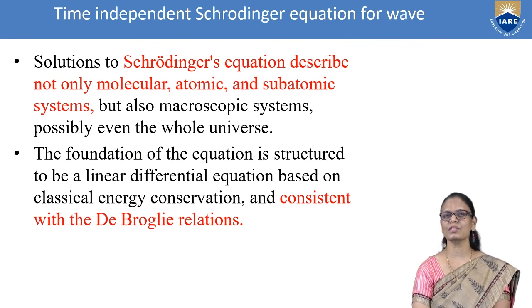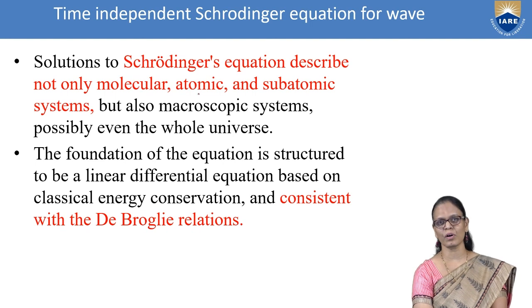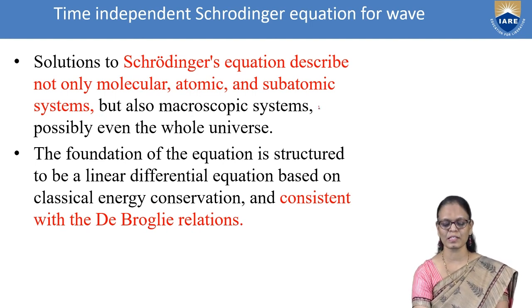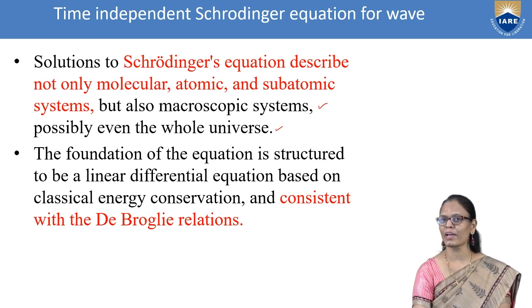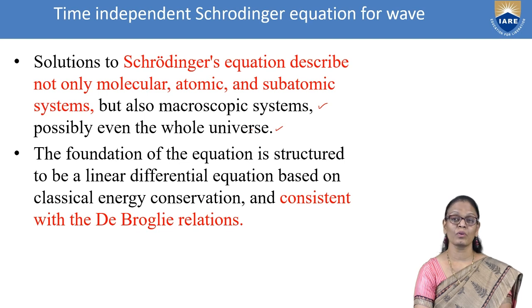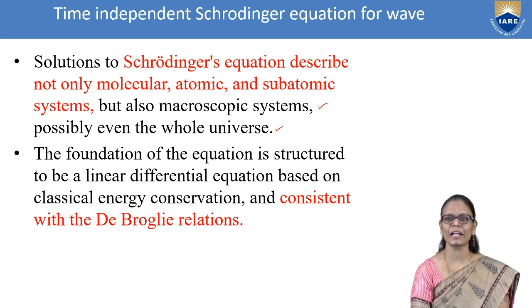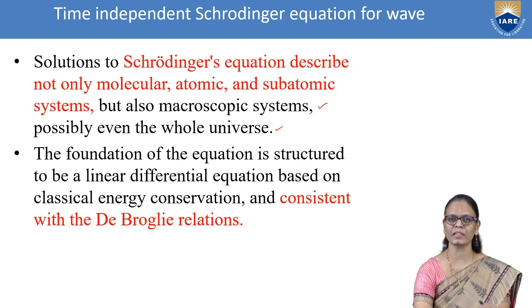Now, solutions to the Schrodinger equation describe not only molecular, atomic and subatomic systems, but also macroscopic systems, possibly even the whole universe. Classical mechanics failed to explain microscopic systems, then we had quantum mechanics, which could successfully explain the microscopic system.